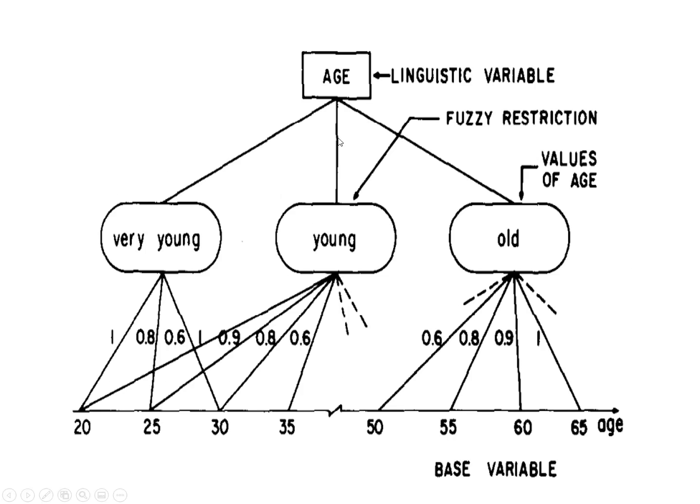This is just a structure: age, linguistic variable, fuzzy restriction: very young, young, old. Very young is 20 with 1, 0.8 and 0.6, so it lies between the binary 0 and 1. 20, 25 and 30. Similarly, it's going up. This is the base variable which we represent on the x-axis, which is age. So we can map this with the universal set.